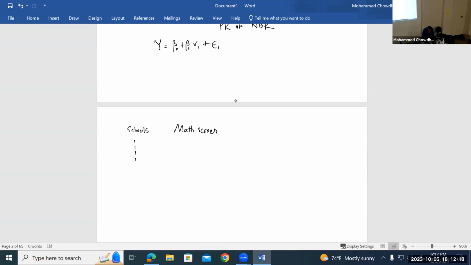School one has 500 students, so this is school one, 500 times, and school two. Why I said 500 here is because that school has 500 students. School two, suppose that school has 300 students. So they have a math score, right? These 500 students have a math score, right?